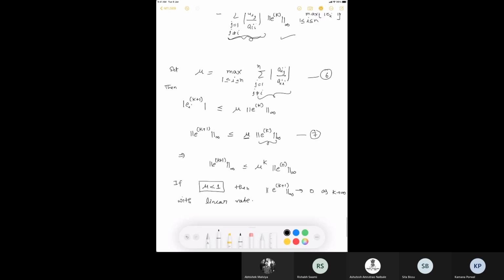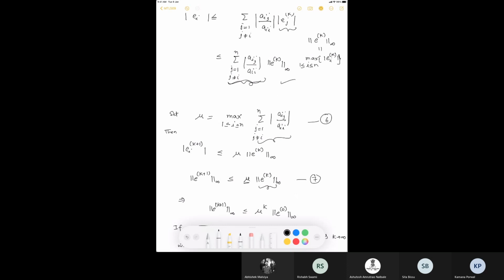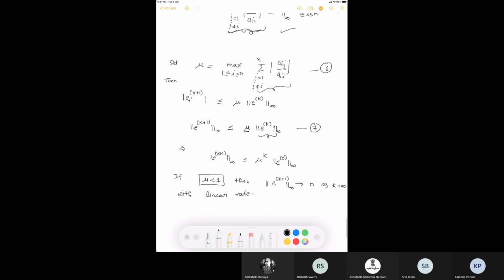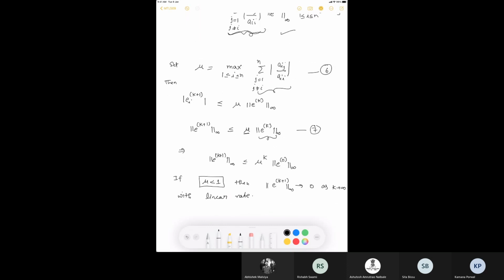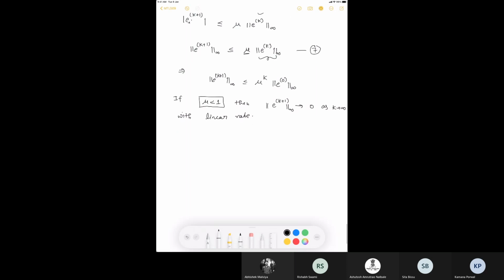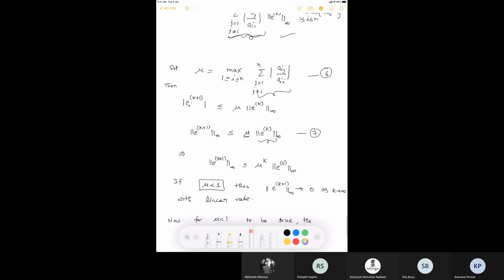And if you focus on what mu is, if you want mu to be strictly less than 1, basically I am demanding that my matrix A is diagonally dominant. So for mu less than 1 to be true, if you observe this factor, we are demanding that it is strictly less than 1.